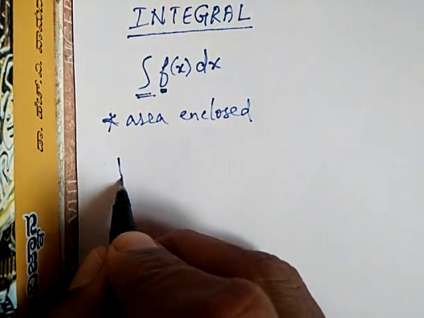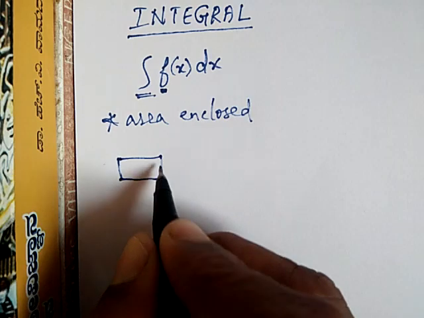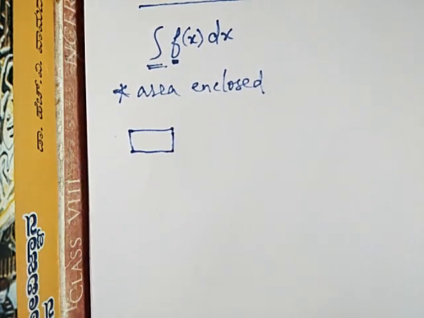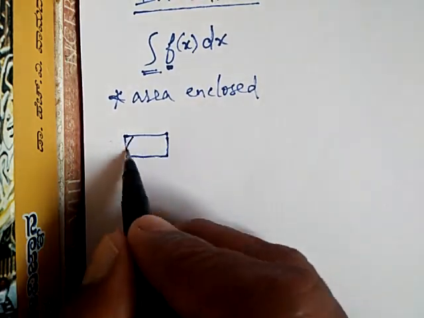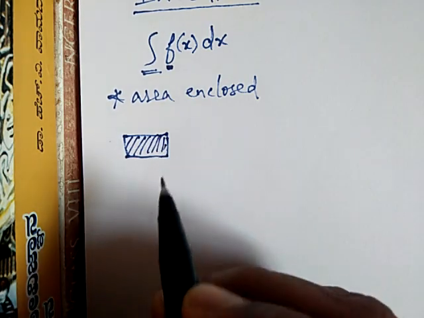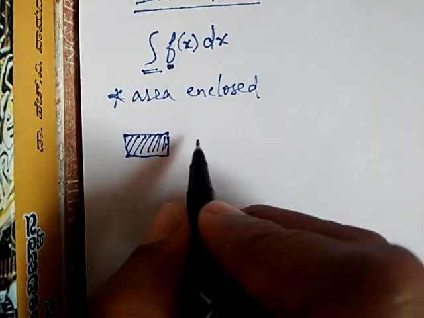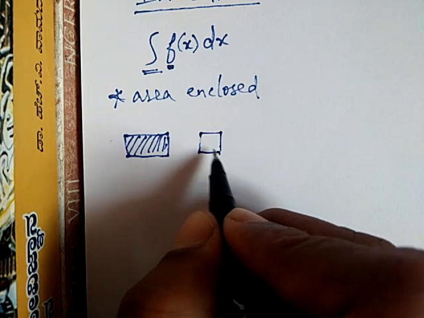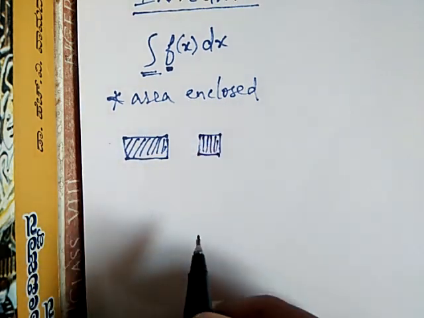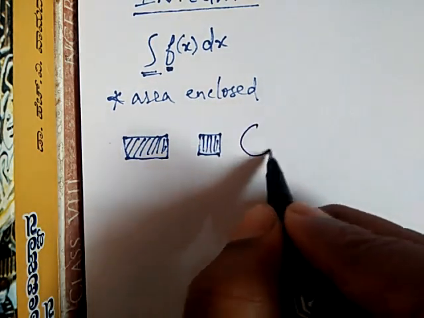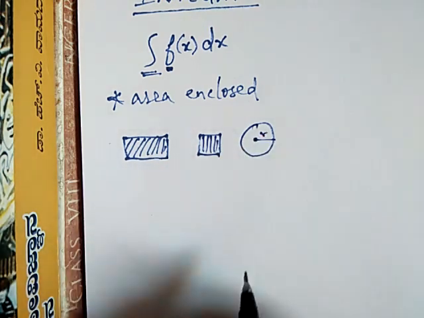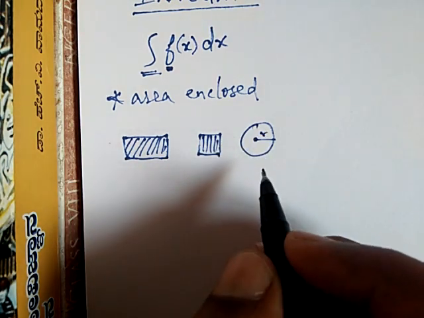See, you know what this is, it is a rectangle. If I tell you to find the area of this rectangle, you can find it very easily. Suppose I give this square, then also you can find it very easily. If I give a circle with radius, you can find the area very easily.